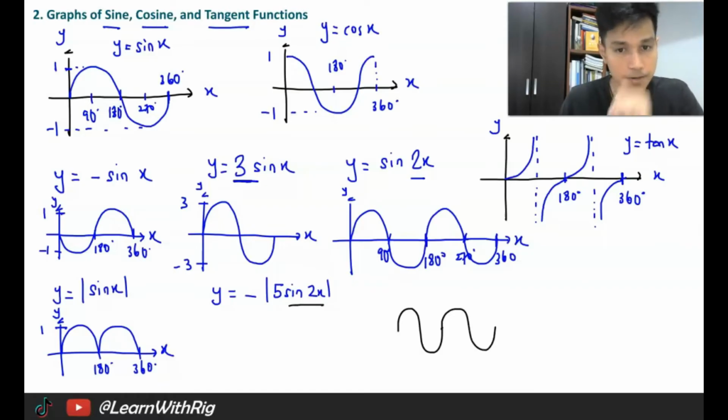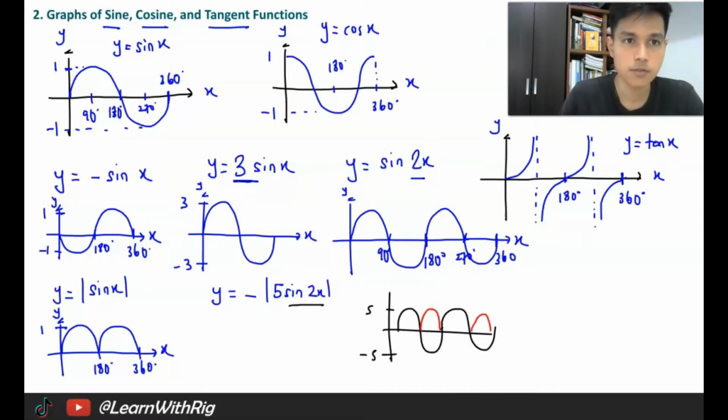Because it is 5 here, the amplitude is going to be 5 and negative 5, correct? Now they have modulus, so all the negative part will change to positive, so it becomes like this, here and here. There is no more bottom part anymore.